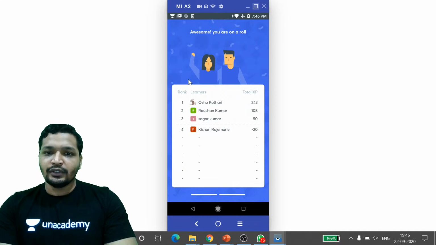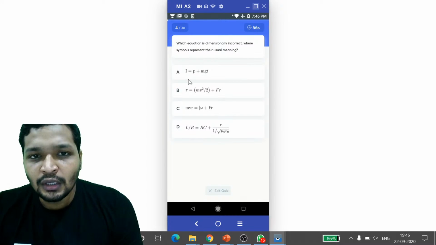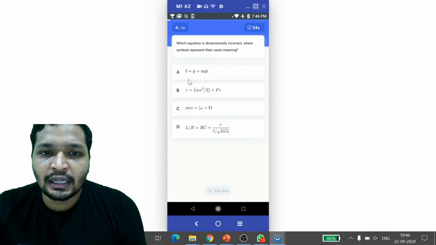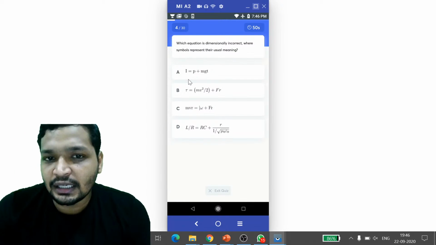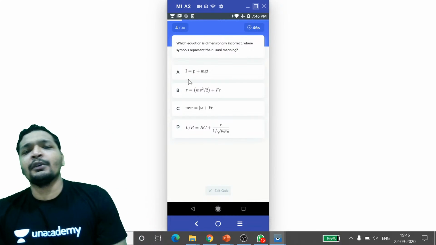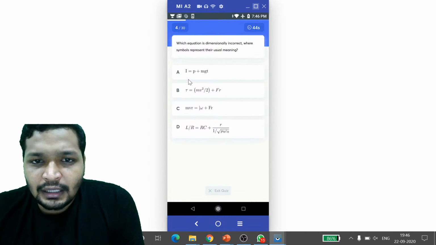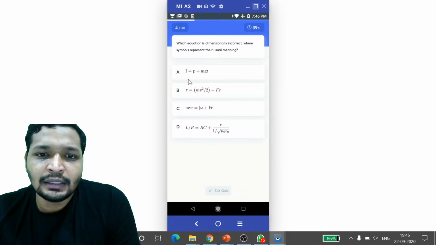Really good, Roshan good, Sagar really good. Okay. Which equation is dimensionally incorrect? So how do you identify whether an equation is dimensionally incorrect?